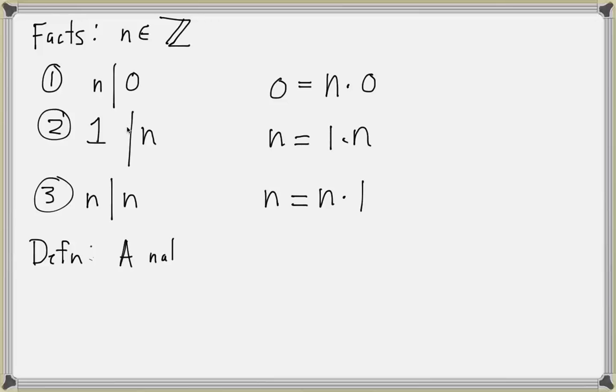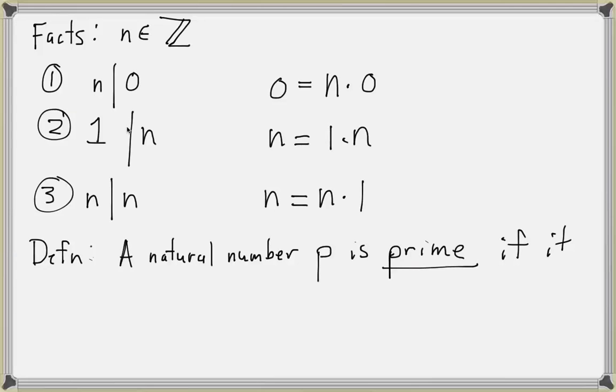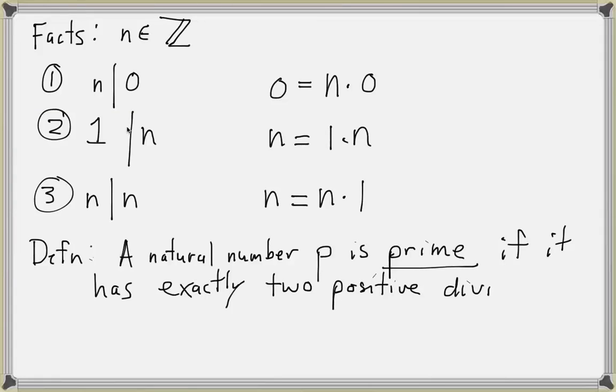A natural number, let's call it P, is prime if it has exactly 2 positive divisors: the number 1 and the number P itself.